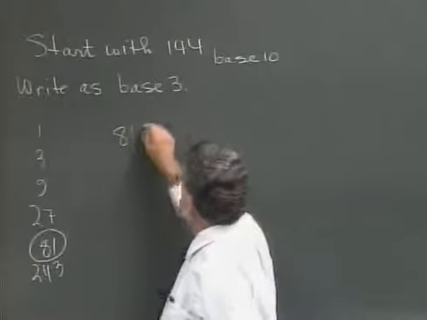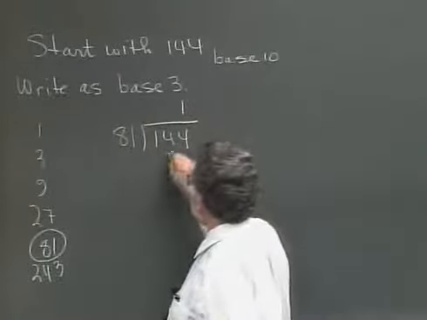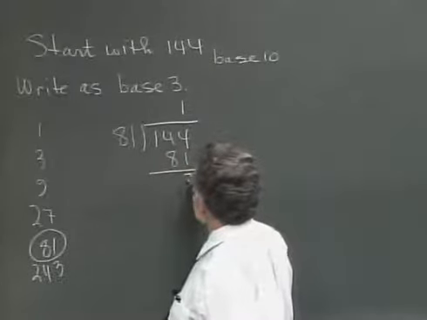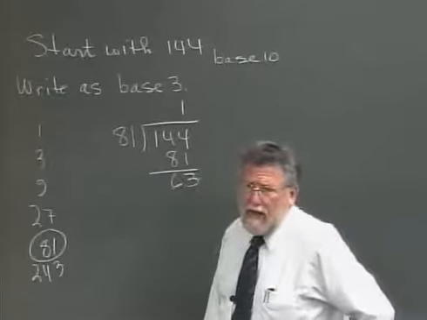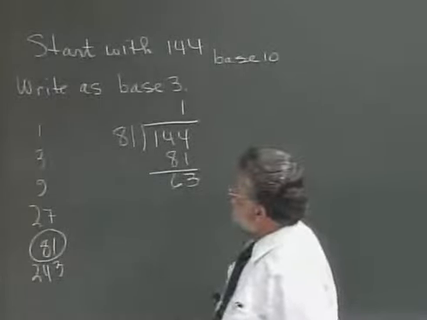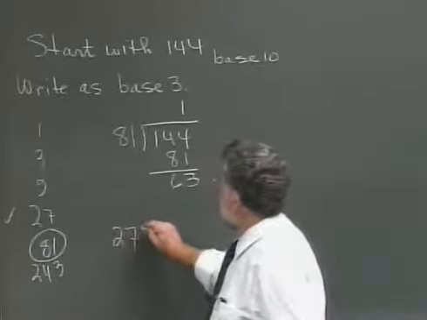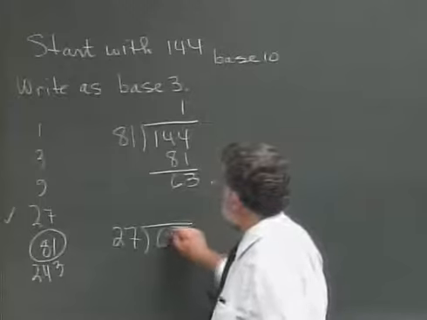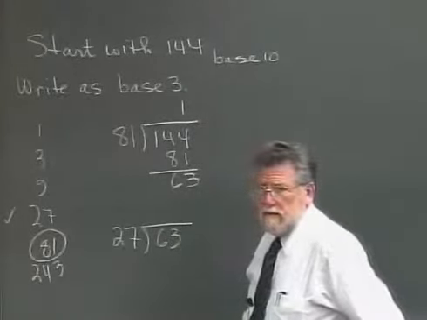So I'll just divide 81 into 144, and it goes one time. I subtract, and I have a 63, correct? So I know I can't have any more groups of 81. The next place value I want to look at is the 27. So the question, how many times will 27 go into 63? The answer, twice.